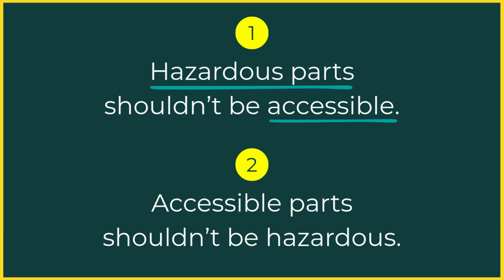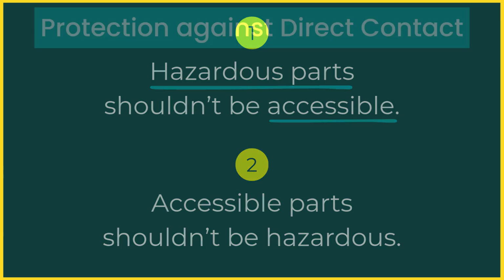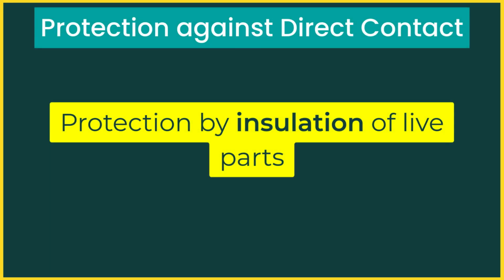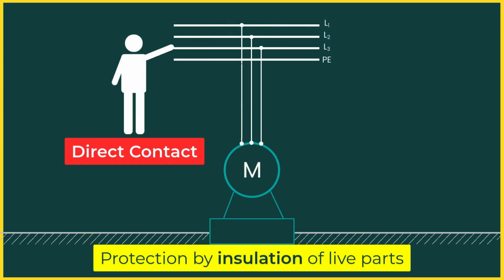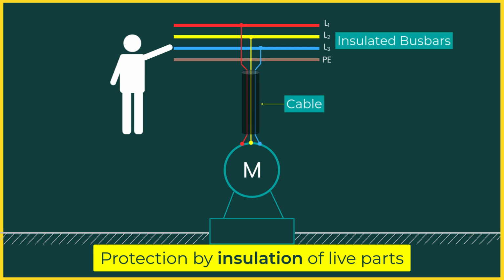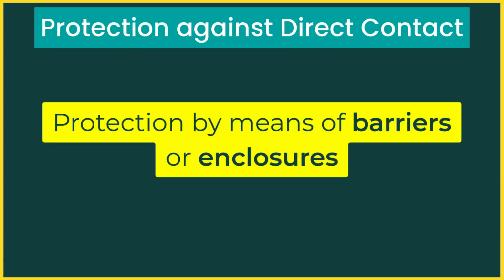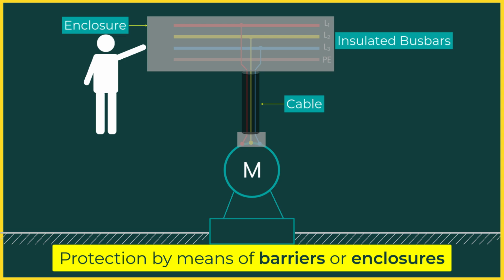This is achieved by simple but powerful measures, such as protection by insulation of live parts. For example, cable or busbar insulation, where live conductors are completely covered and cannot be touched. Protection by means of barriers or enclosures, such as switchgear panels or motor terminal boxes, which prevent direct access to live parts.